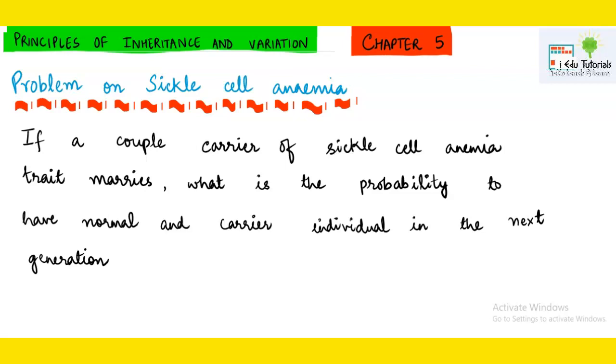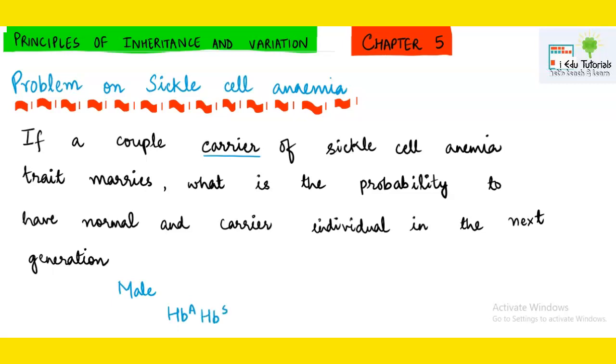Now here it is being given that both the male and female are the carriers. So that means the genotype of the male is sure to be HbA, HbS.